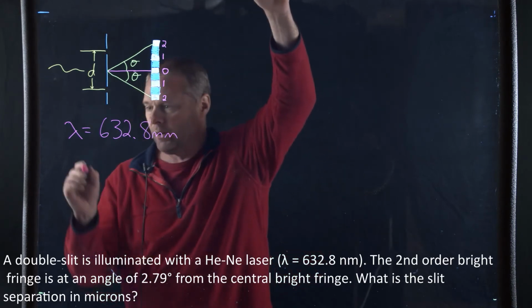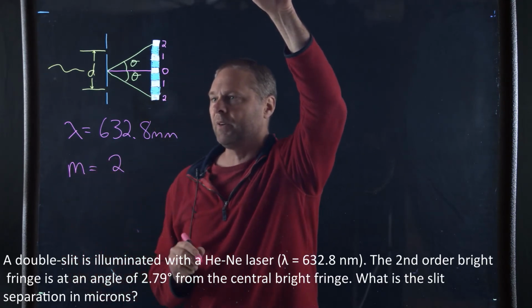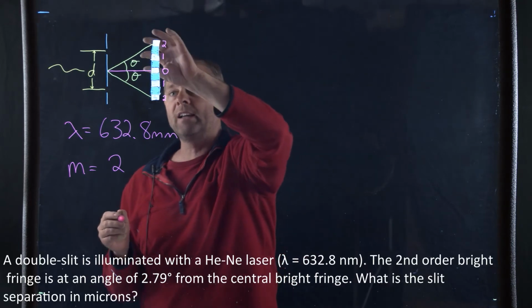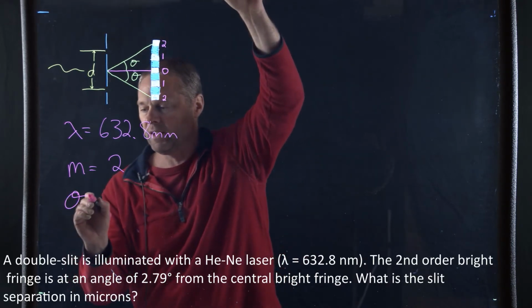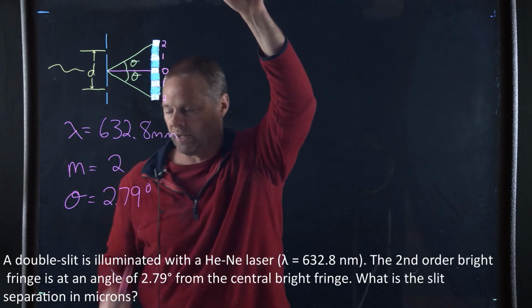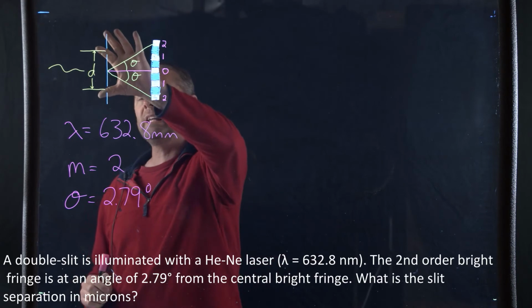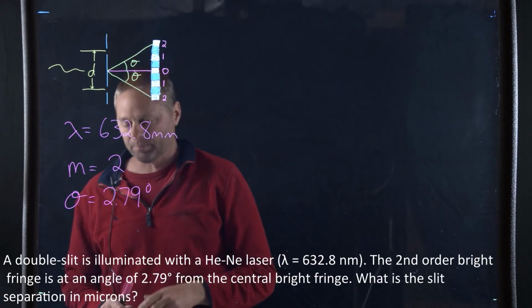The order, which is m, is the second, and our angle, theta, is equal to 2.79 degrees. It wants to know, what is the separation?